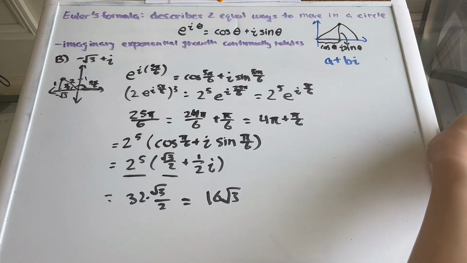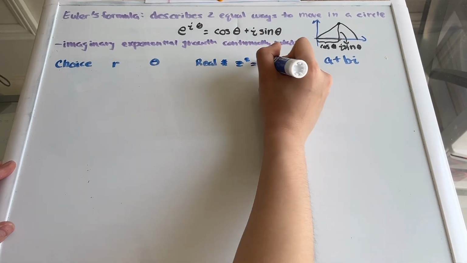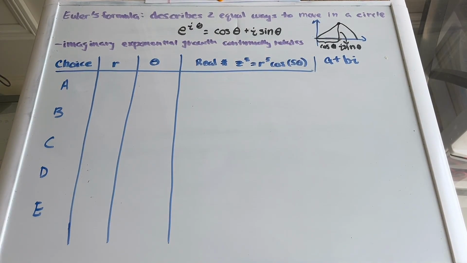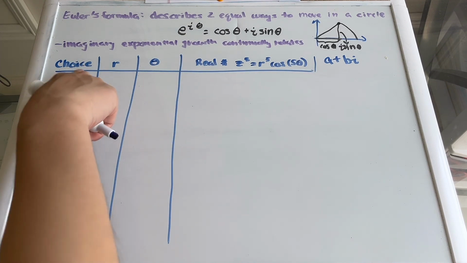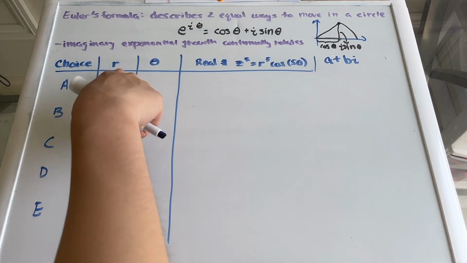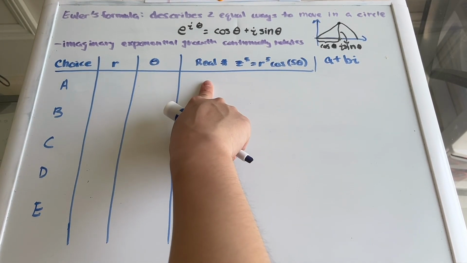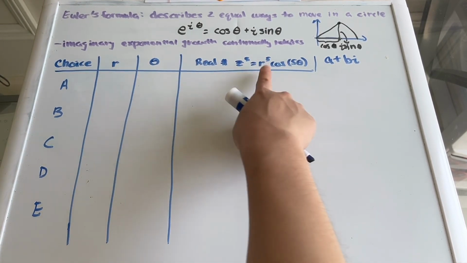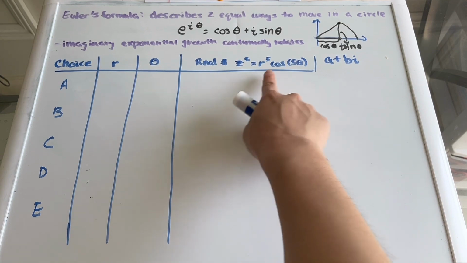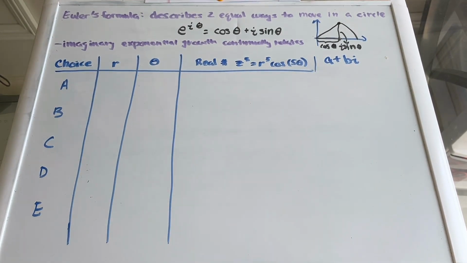So I'm going to make a graph. Okay, so looking at this, we can see that we place it into the answer choices A, B, C, D, E, and then the length of the radius, the angle theta, and then the real number part, which is z to the 5th power, equal to the radius to the 5th power times the cosine of the angle.